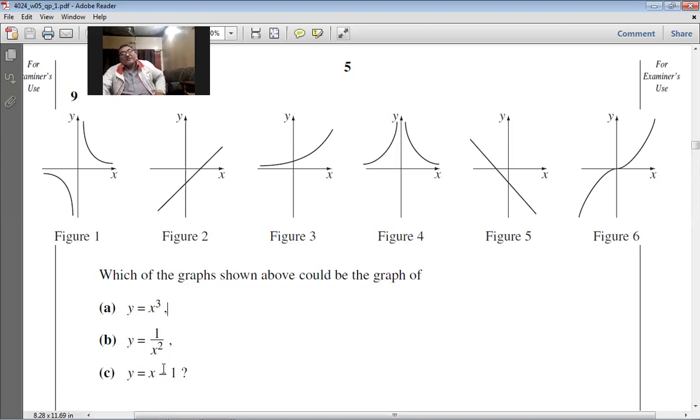I know this from the equation. So we are looking for a line whose gradient is 1 and whose y-intercept is minus 1. So I think figure 2 is the best answer.